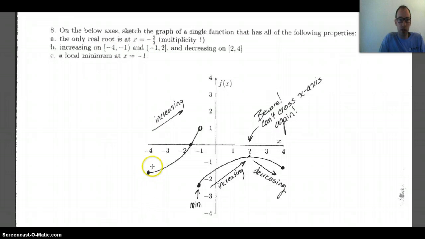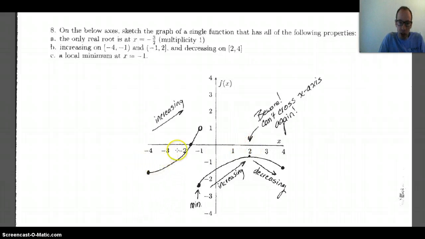Start at negative 4, increase all the way up to 2. Well, we also need a local minimum at x equals negative 1. So we could have potentially started going up, going up, going up, and then dipped down for that local minimum, but then we'd run into problems because we need to be increasing basically from negative 4 all the way to 2.